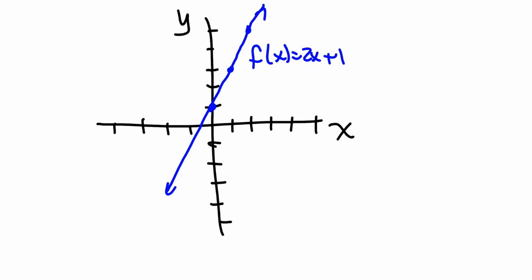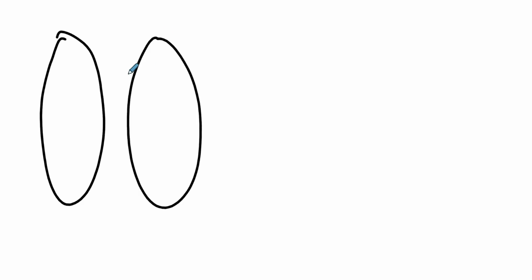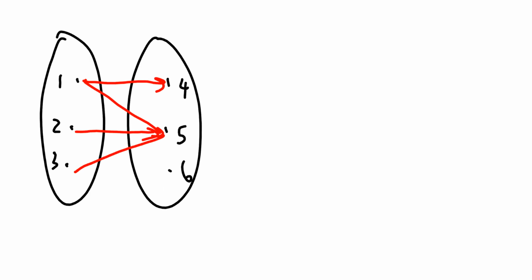Now, not everything is a function. For example, if we had a scenario where there was 1 and 2 and 3 here, and there was maybe 4 and 5 and 6 here, and the arrows went like so, we would recognize that this input goes to two different outputs, and functions don't work that way.